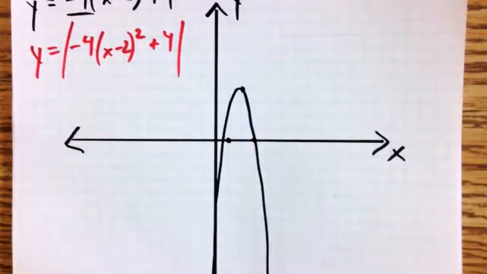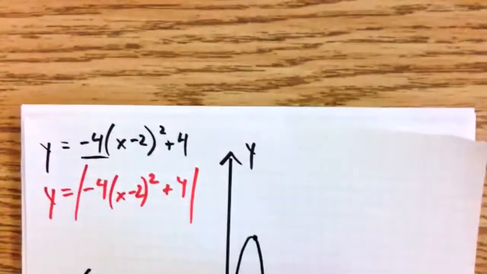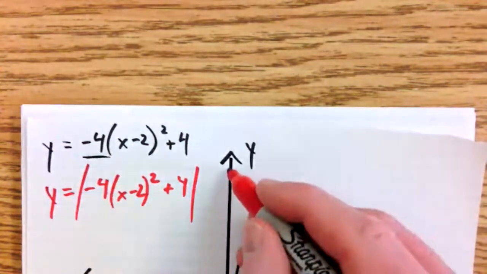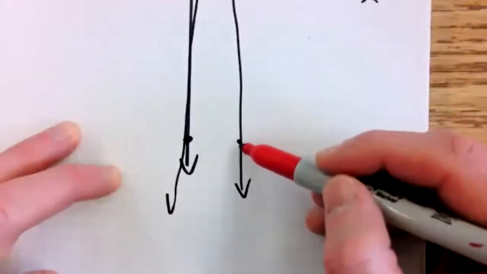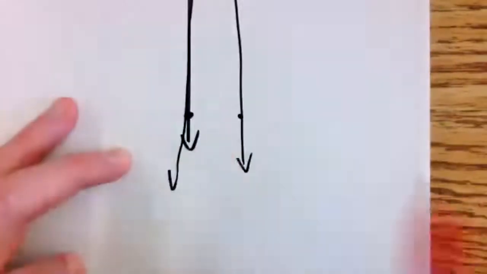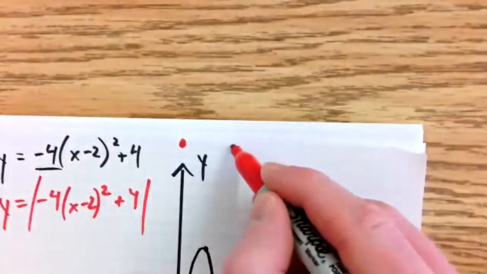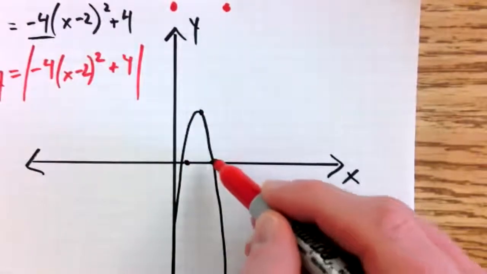So this point right here, (0, -12), becomes (0, 12). Then the same with this point, which is just 1, 2, 3, 4 over. So now these two points are good.